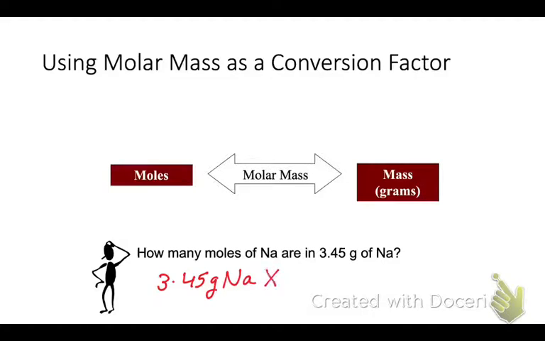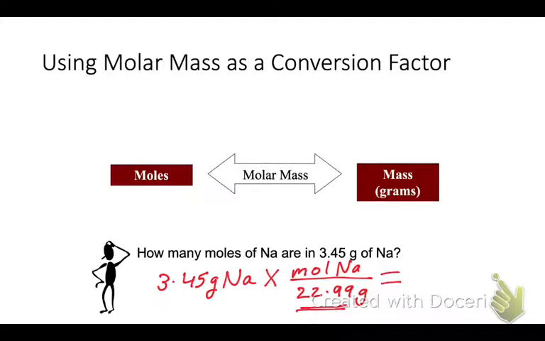Then you go to the periodic table and look up the atomic mass of sodium, and you say, okay, 1 mole of sodium weighs 22.99 grams. I always get this question from students: how many sig figs should I use when I look at the periodic table? My answer is at least 4.